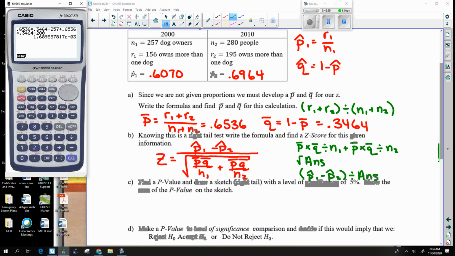Okay, so that's the inside, so I square root that. That's the denominator, so I have to take the numerator, which is p hat 1 minus p hat 2, divided by that bottom. This is a z, so I round to 2.